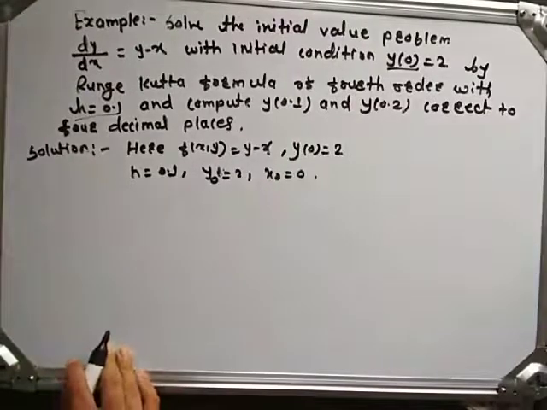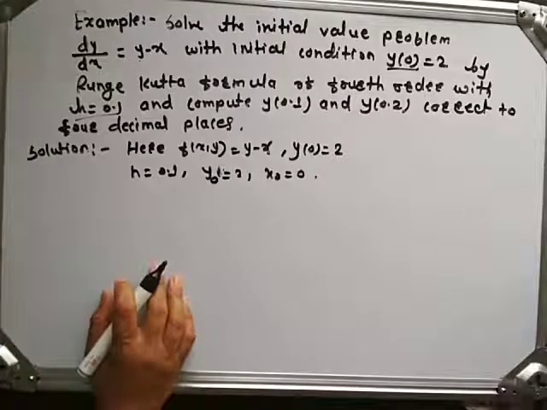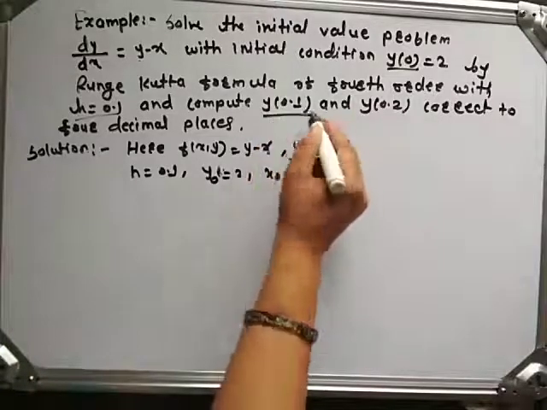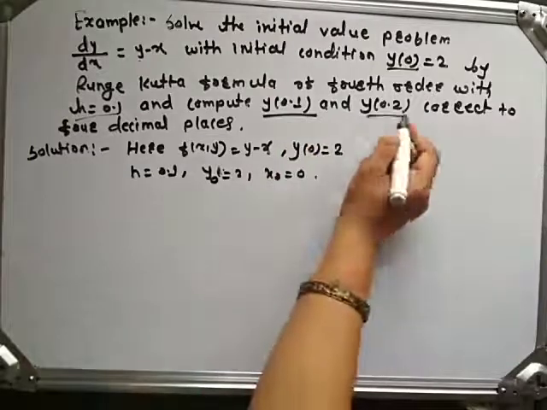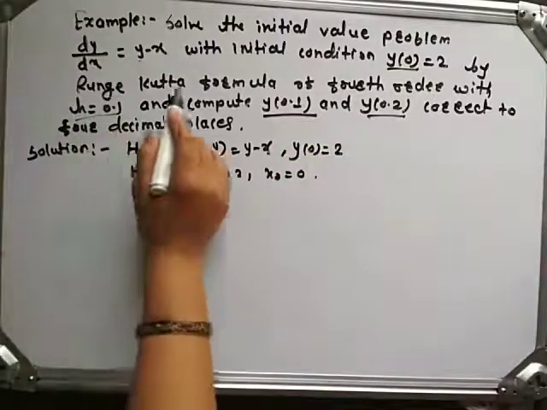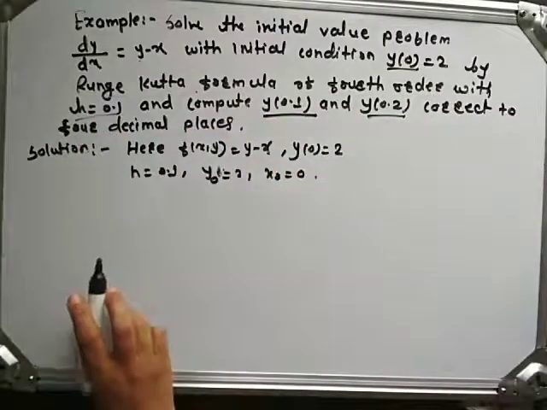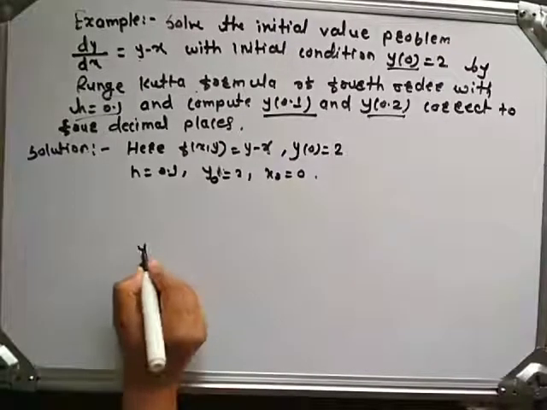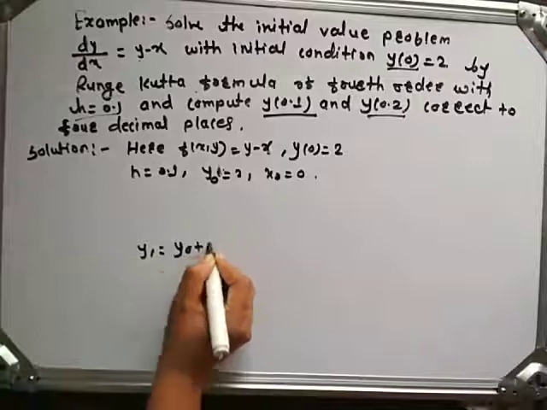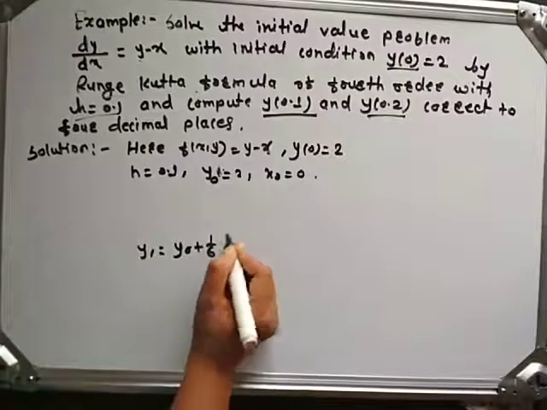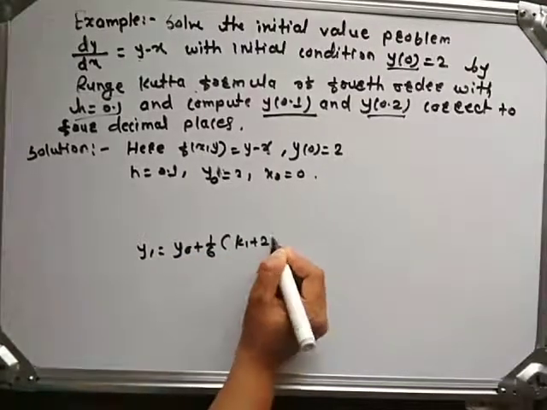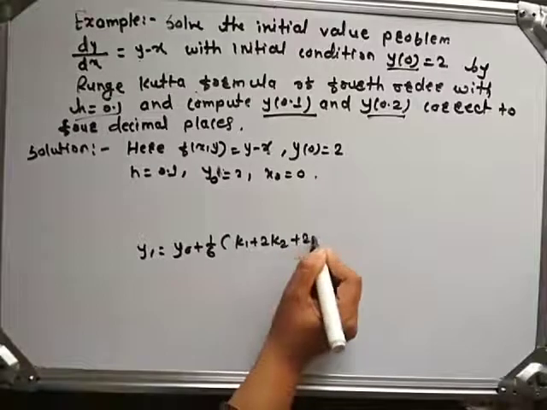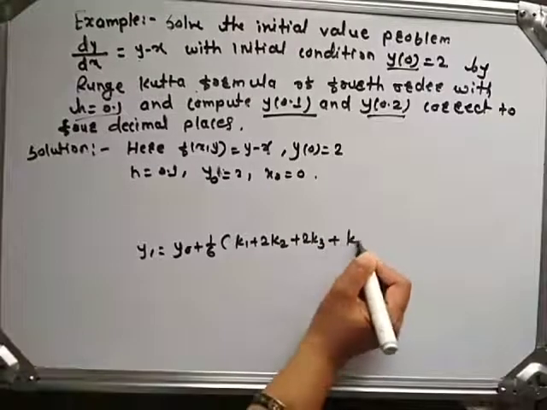So we have to determine y of 0.1 and y of 0.2 by using the Runge-Kutta formula of fourth order. We have a formula. That formula is y1 is equal to y0 plus 1 by 6 into (k1 plus 2 into k2 plus 2 into k3 plus k4).